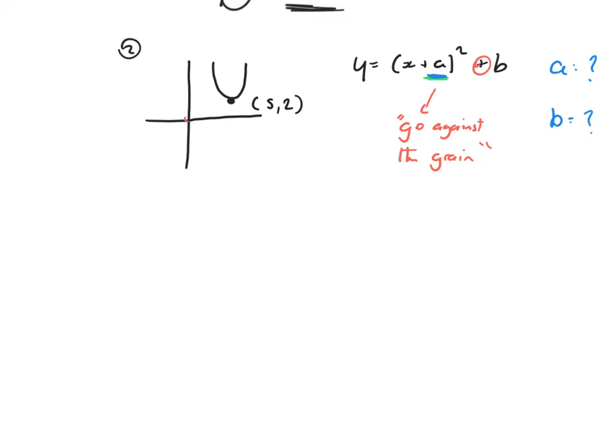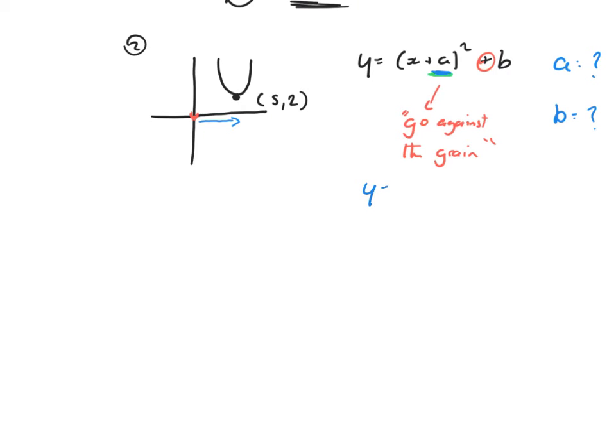So originally that parabola would be y equals x squared, and it would have started at the origin. So what's happened is it's been shifted 5 to the right, 5 in the positive direction. So that's the positive horizontal direction, but we'll go against the grain, and we might think that that would be x plus 5, but it's actually (x minus 5) all squared.